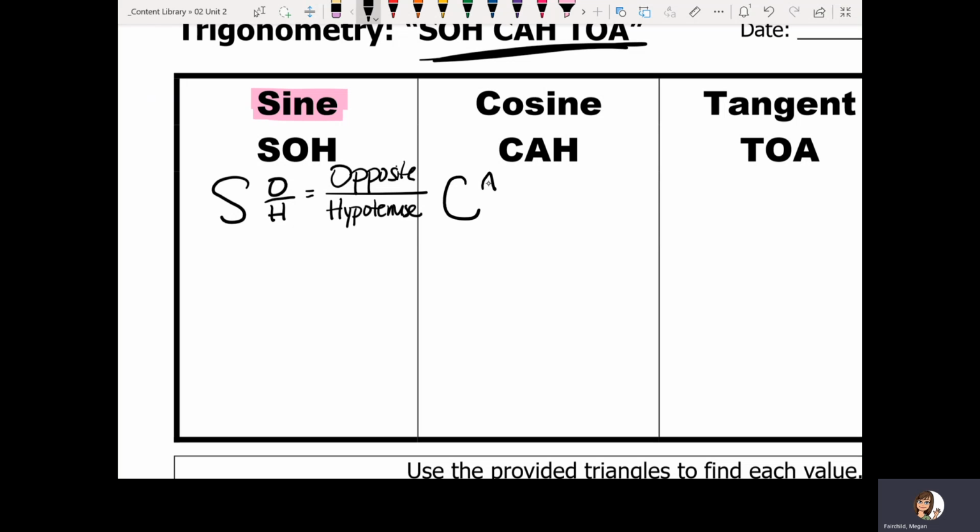Cosine is A over H. So we know the bottom's hypotenuse. Anybody know what the A stands for? Adjacent. Adjacent means next to. I'm adjacent to the table, the adjacent side.